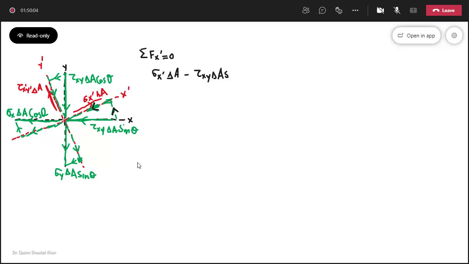What will the component be, sin theta or cos theta? It is cos theta, this one.